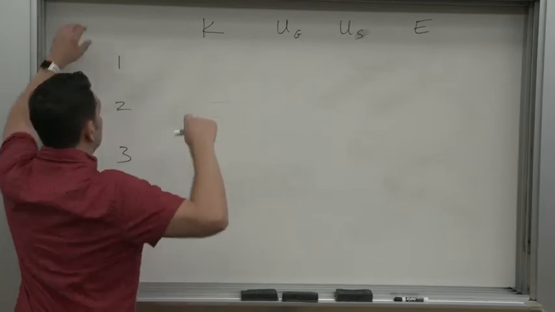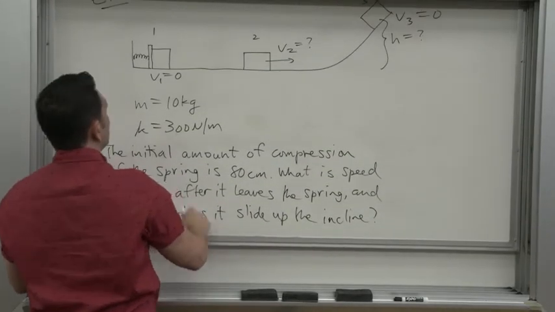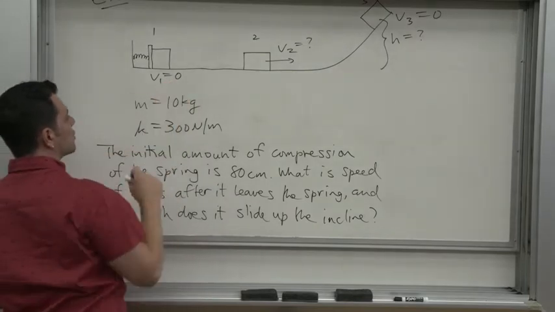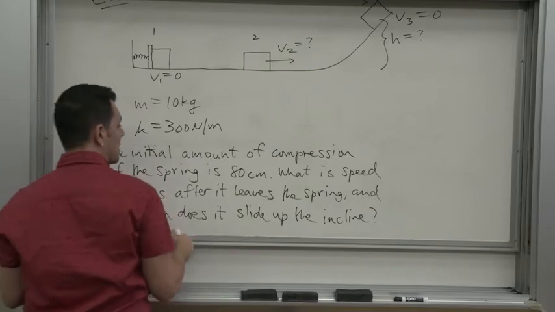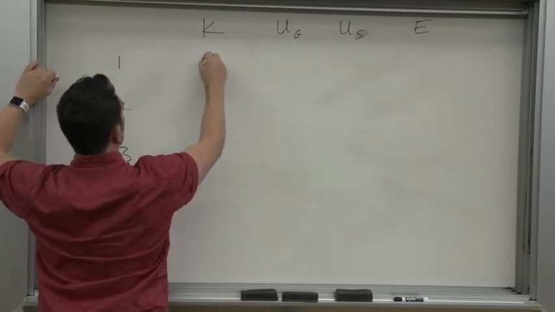All right, so at position 1, what is the kinetic energy? Well, we're assuming it's starting from rest, so initial kinetic energy is 0. What is the initial gravitational potential energy? Well, K1 is 0.